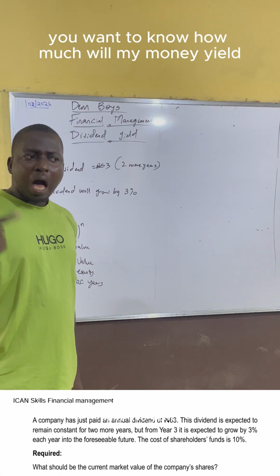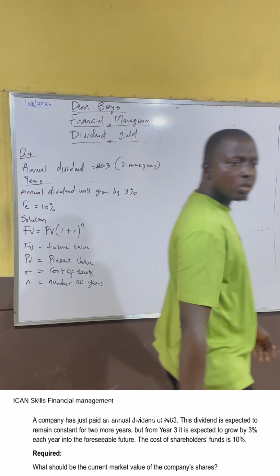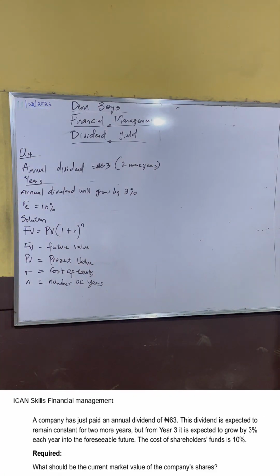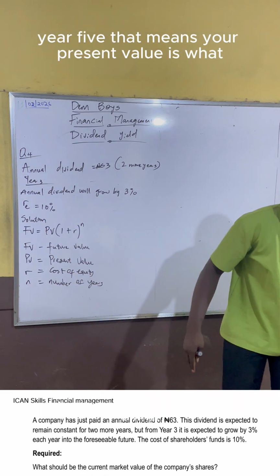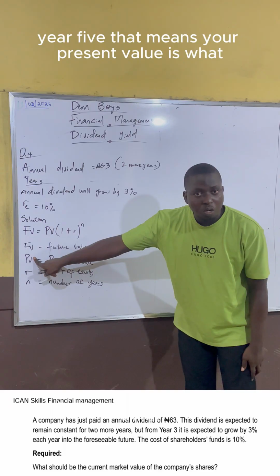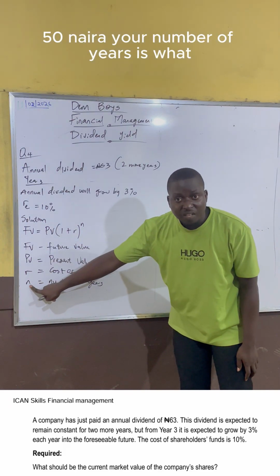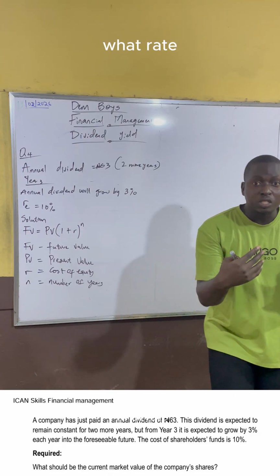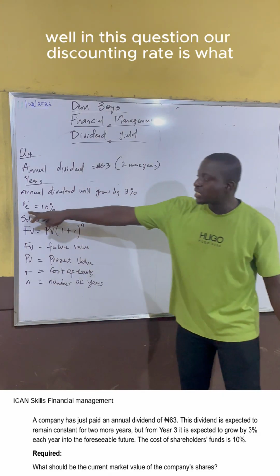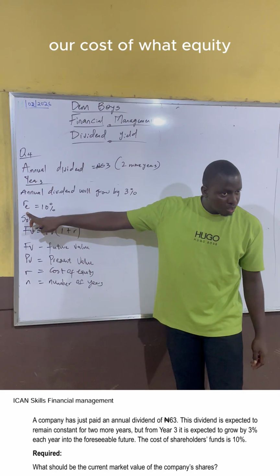You want to know how much your money will yield in the next 5 years. That means from year 1 to year 5. Your present value is 15 naira, your number of years is 5, and you have your discounting rate. But in this question, our discounting rate is our cost of equity.